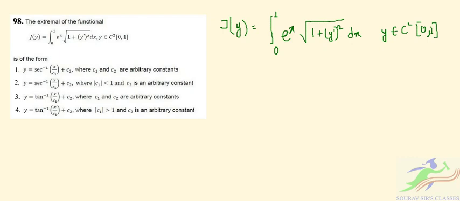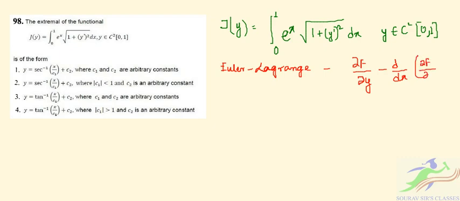So we have the Euler-Lagrange equation, which gives del f by del y minus d dx of del f by del y prime is equal to 0.